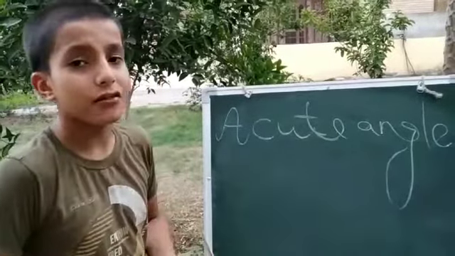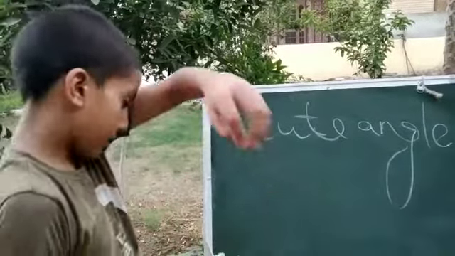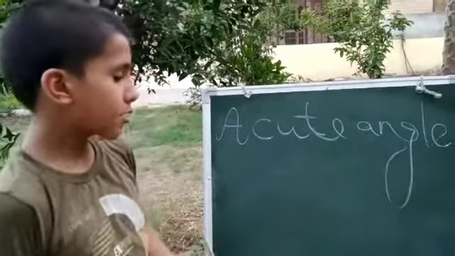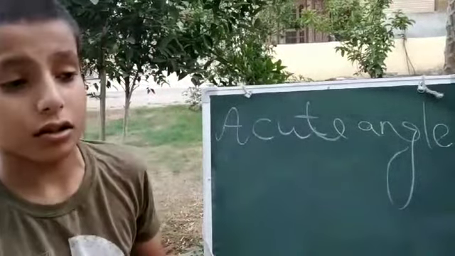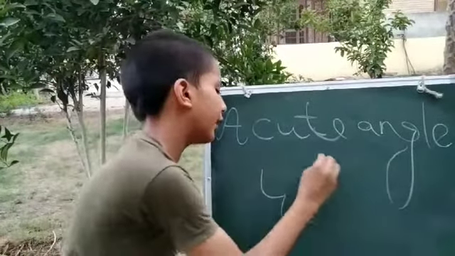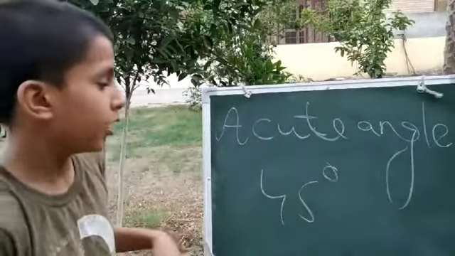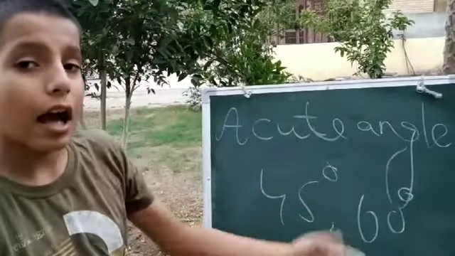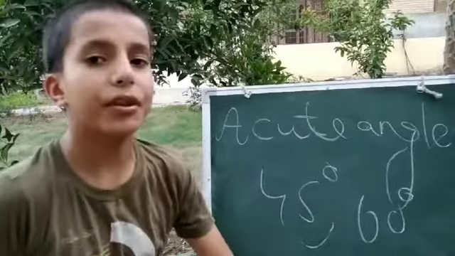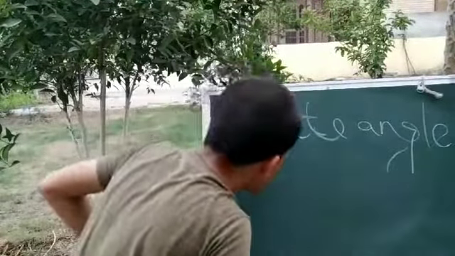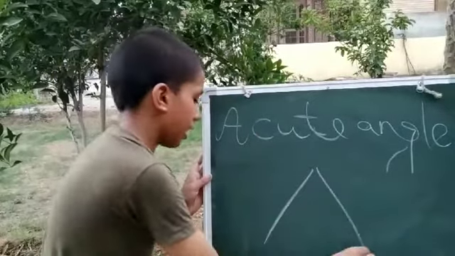A protractor is a scale in a dome shape to find out the degree, like 45 degree or 60 degree of any intersecting line. It tells us the angle of any object. So when I'm having a triangle, you can see that this is a triangle.